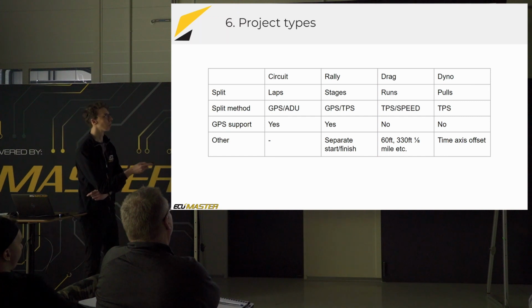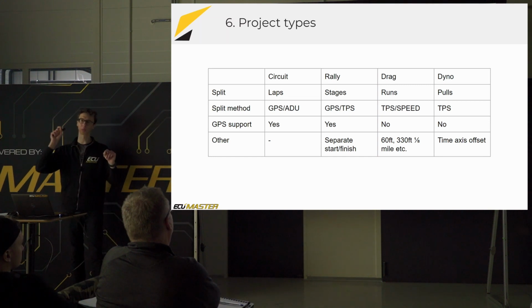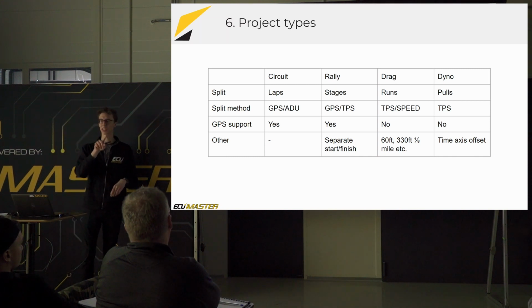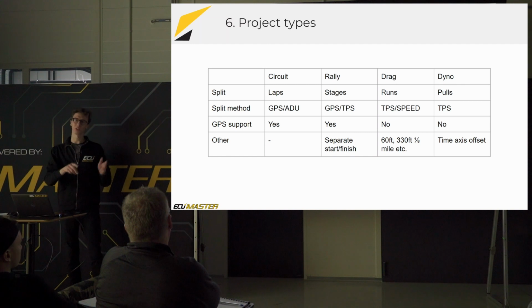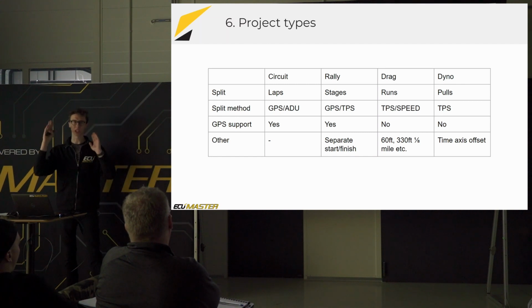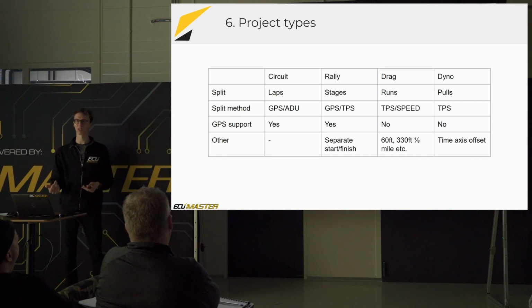So in circuit, we split the log into laps. In rally, we split it into stages that are open from point A to point B. And we can use the feature with the dragging of the start point. We can drag it on the GPS trace to the start and the other point to the finish, and we can mark the start and finish of the stage. And we can move on with the analysis.